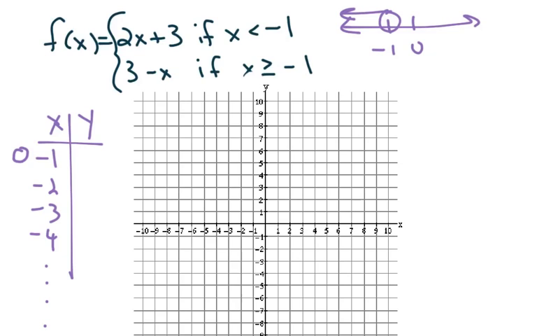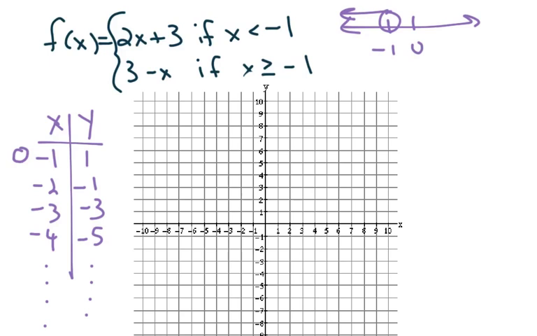It's just that the graph of 2x plus 3 is diagonal. When I plug in negative 1 for x, 2 times negative 1 plus 3 gives me 1. 2 times negative 2 plus 3 is negative 1. 2 times negative 3 plus 3, negative 6 plus 3, gives me negative 3. Negative 4 times 2 is negative 8, plus 3 is negative 5, and so on.